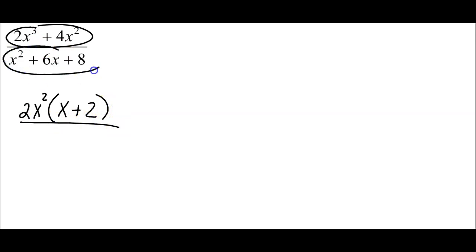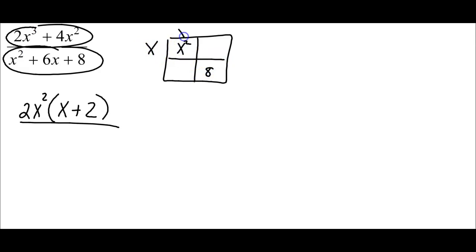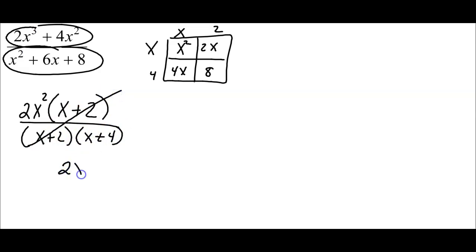And then for this guy here, we're going to do the box method. So we end up with x plus 2, x plus 4, and then these guys cancel out, and we got our final result there. So to reduce, you just factor and cancel.